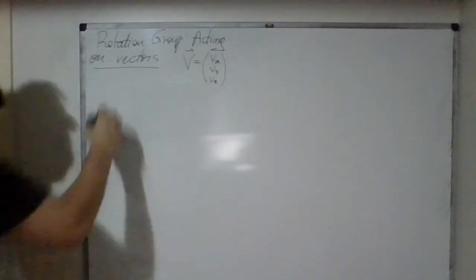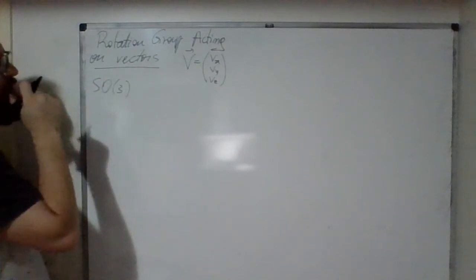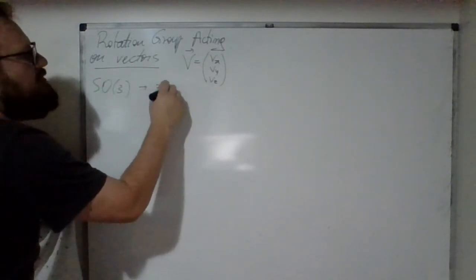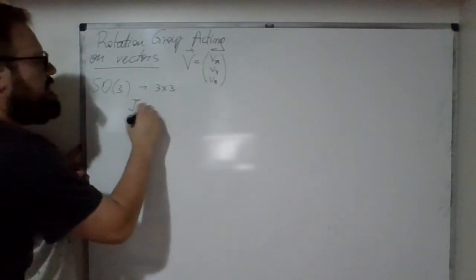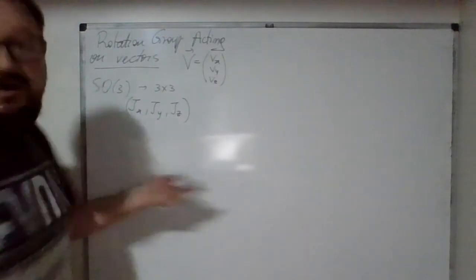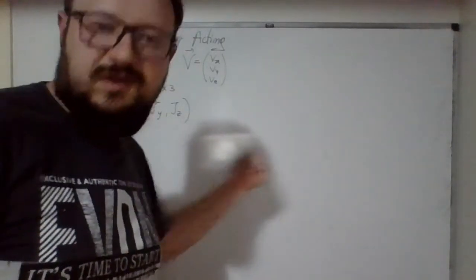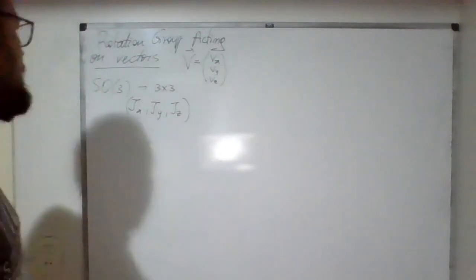They are 3 by 3 matrices. They are orthogonal matrices, special orthogonal matrices, 3 by 3 matrices. But there are three angular momentum operators, which are the matrices we just have demonstrated or calculated here.